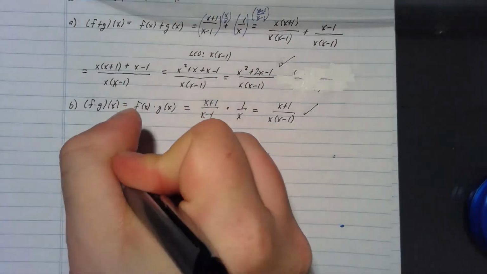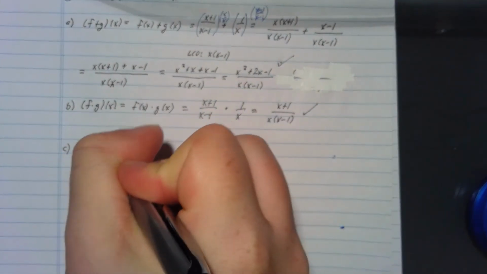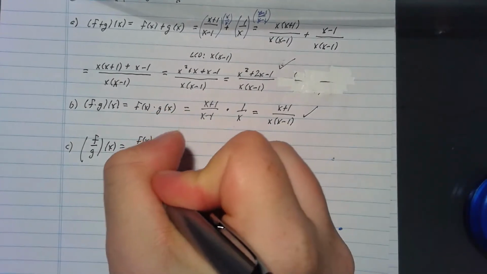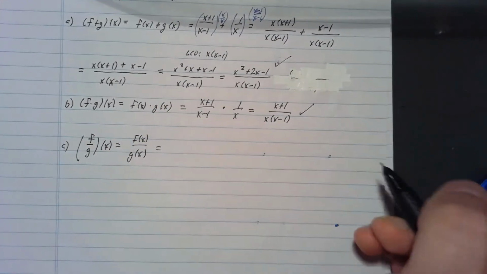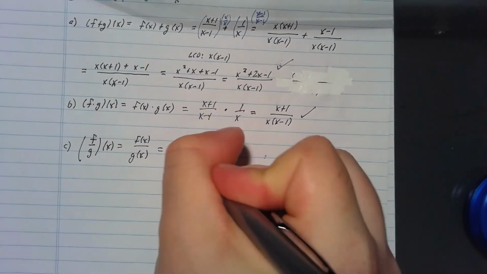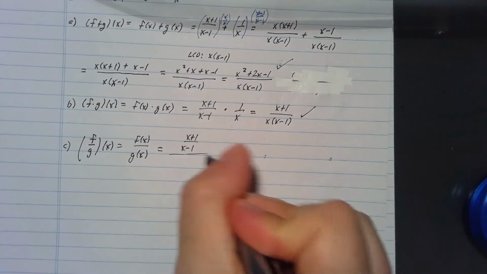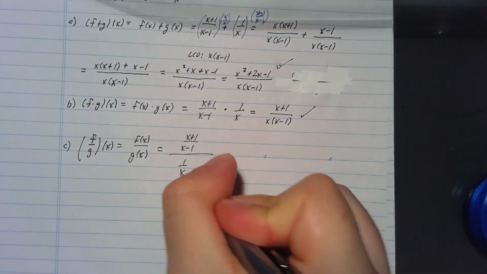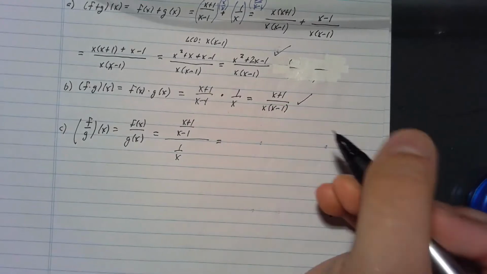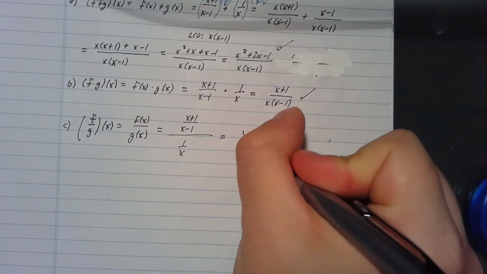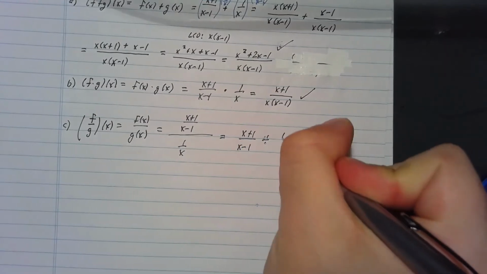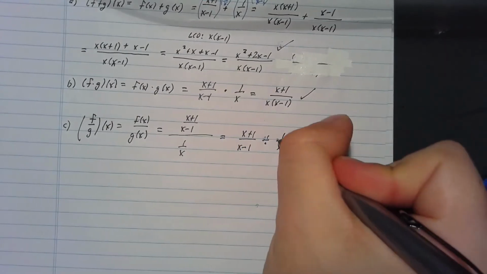Letter C is f over g at x, which is the same thing as f of x divided by g of x. f of x is x plus 1 over x minus 1, and that's all going to be divided by 1 over x. That's a complex fraction, which I rewrite as this divided by 1 over x. I just use the division symbol.